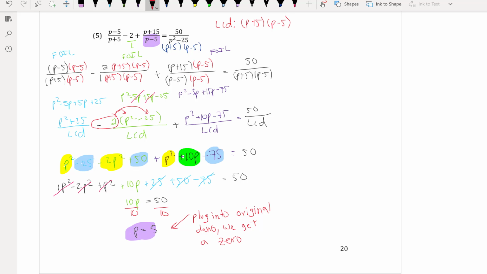So division by 0 is not good. We did all of that work to find out that there is no solution, because that 5 gives me a denominator that's equal to 0, and we don't want that. If you plug in 5 divided by 0, it gives you an error on your calculator. It's undefined. You can't do that.